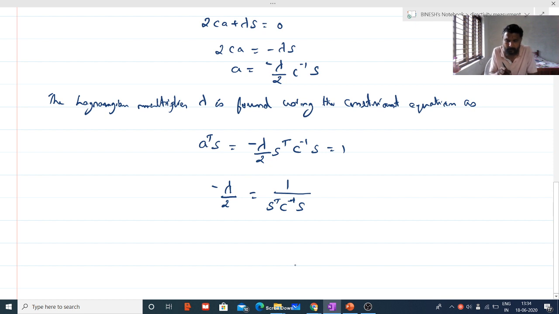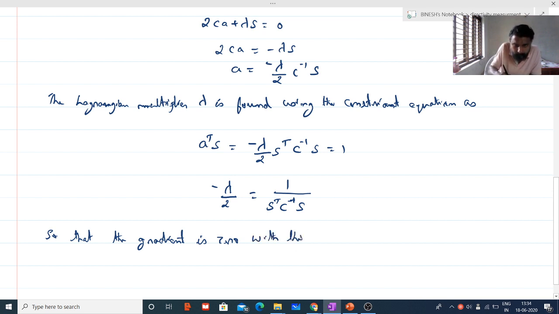So that the gradient is 0 with the constraint satisfied. What will you get?